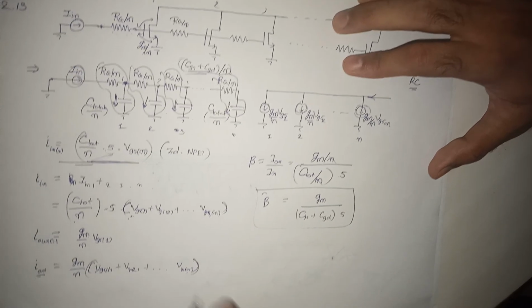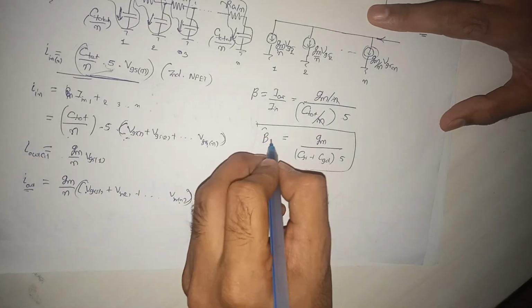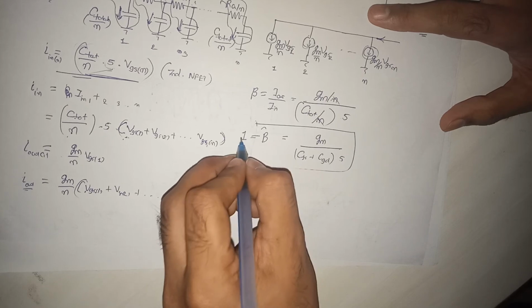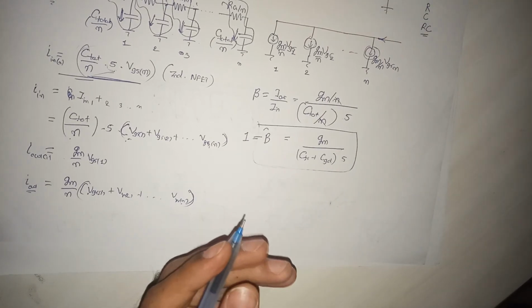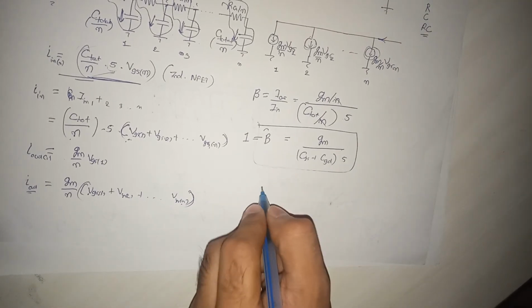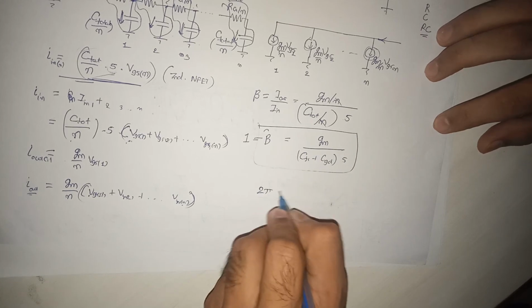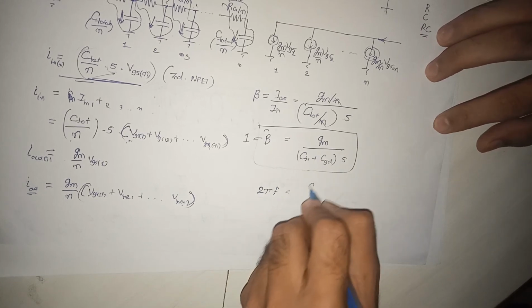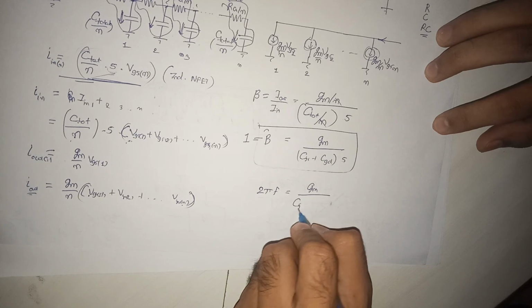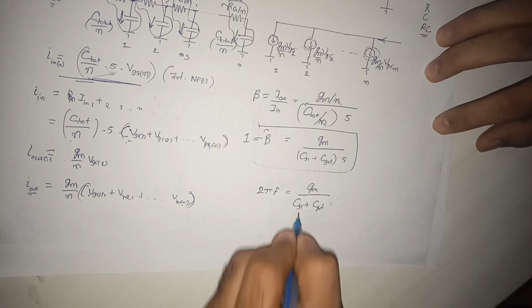We are interested in the frequency at which beta is 1. s is 2 pi f, so 2 pi f is equal to gm upon CGS plus CGD.